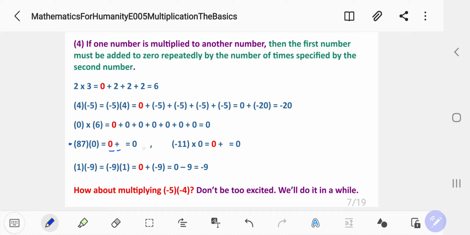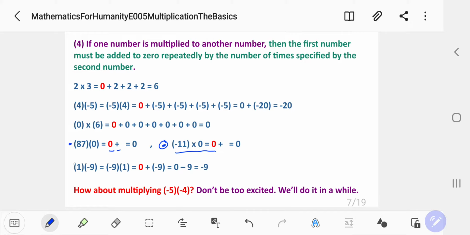So 0 plus nothing is just equal to nothing, or 0. It's the same thing as here. So 0 plus nothing is equal to 0, so it's all 0. So if you multiply a number by 0, it is always 0.